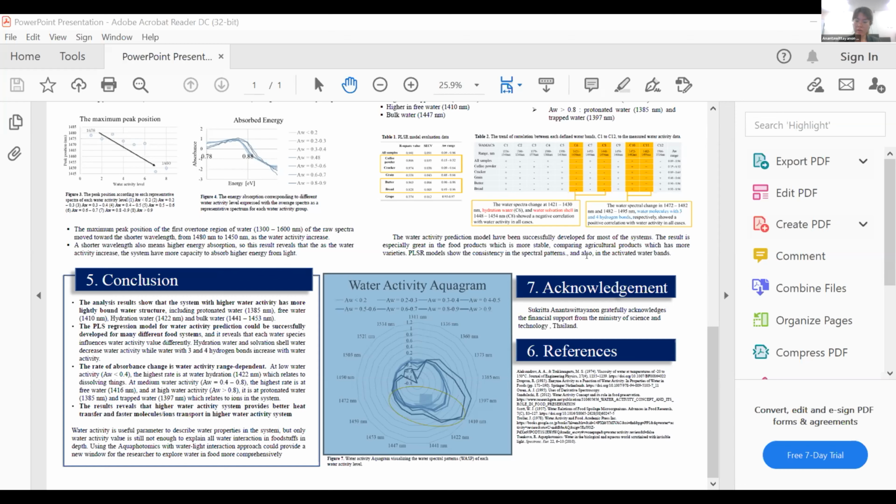Basically, water activity is used to describe water property in a system in general, but using these water spectral patterns can show us more about the actual properties of the water in each system, which can indicate the function of that system, further than only one value.